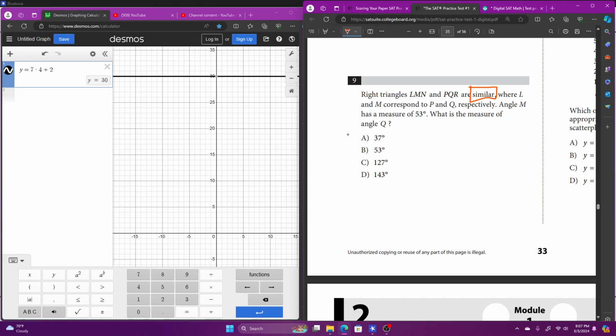L and M correspond to P and Q respectively, so it's in order, right? So if M in the middle is 53 degrees, they want to know what is Q, also in the middle. What must it be? If this is in the middle and this is in the middle and the triangles are similar, then they are both the same. 53 degrees.